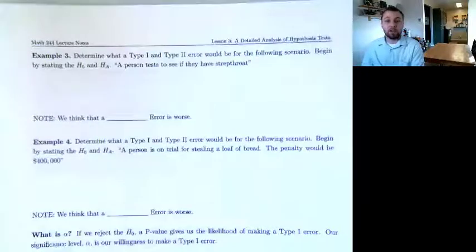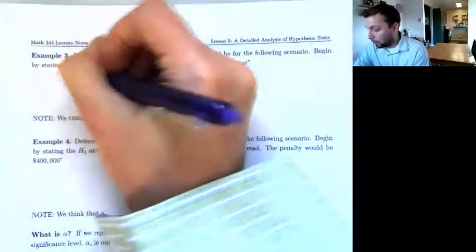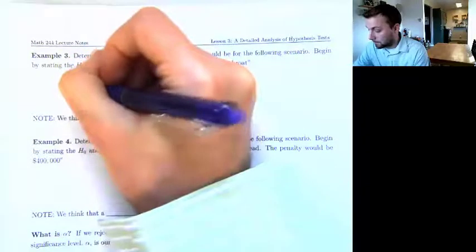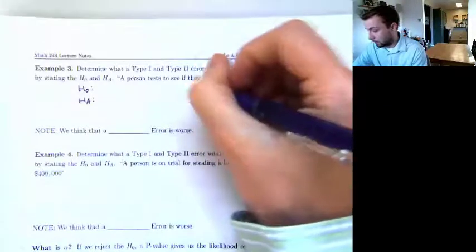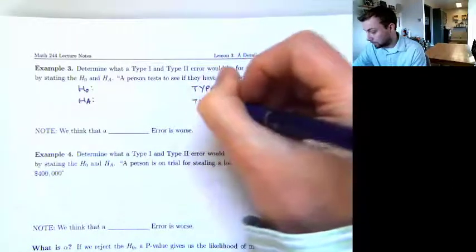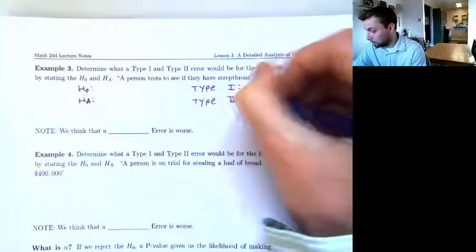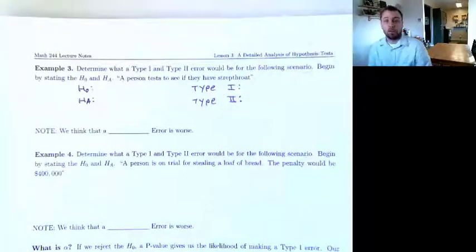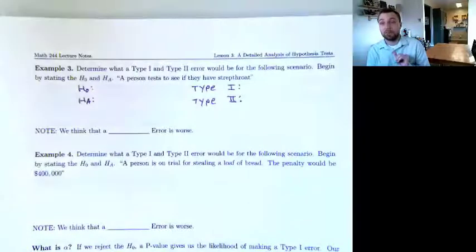Determine what a type 1 and type 2 error would be in the following situation. You want to test to see if someone has strep throat. Remember, the null hypothesis is the base thing that would be true under normal circumstances.